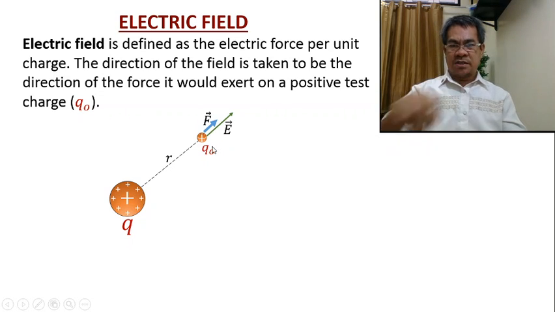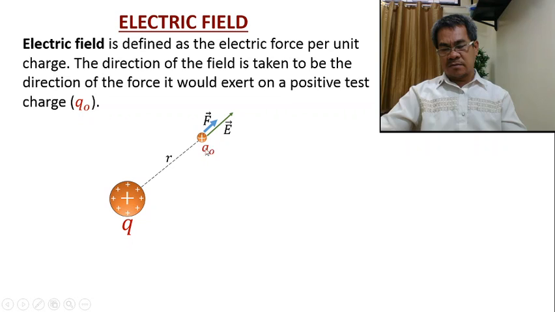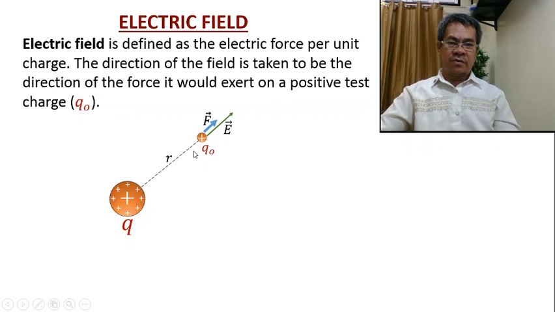Why? Because this is a positive test charge. Now, what will happen if this is a negative test charge? So if this is a negative test charge, the result becomes what? This force will be towards the charge, because opposite charges attract. So the force must be in this direction, but the electric field is still the same.